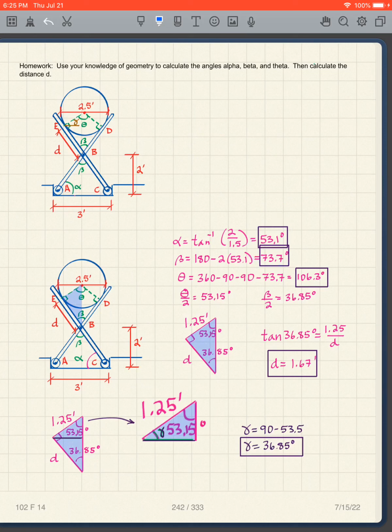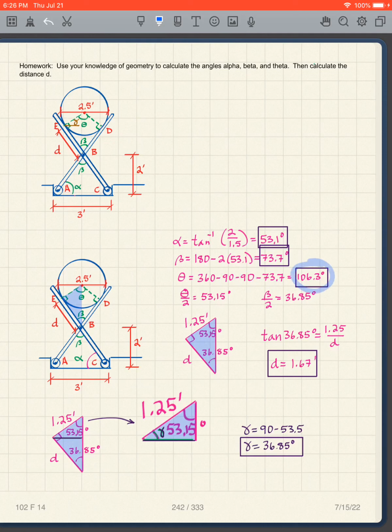How do I get theta? Well, now I've got this quadrilateral here, and I know with that quadrilateral that the angles all add up to 360 degrees, and I know that this angle is 90 and that angle is 90, so 360 degrees minus 90 minus 90 minus beta gives me theta.